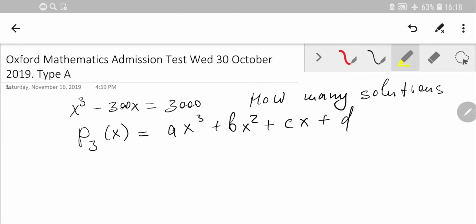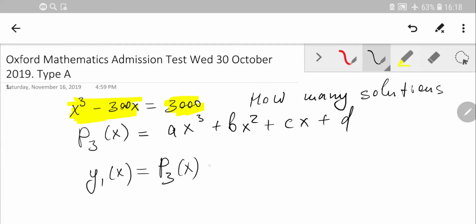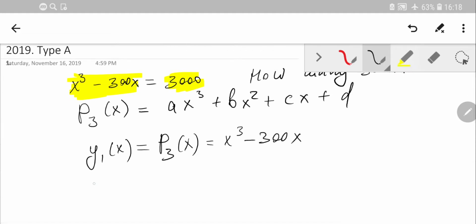But I don't want to transfer 3/7. I want to consider the two parts of the equation as two functions. So function 1, y1 of x, is p3 of x, and this is the cubic polynomial x cubed minus 300x. And on the right side, y2 of x is simply a straight line, which is horizontal at the level of 3/7.